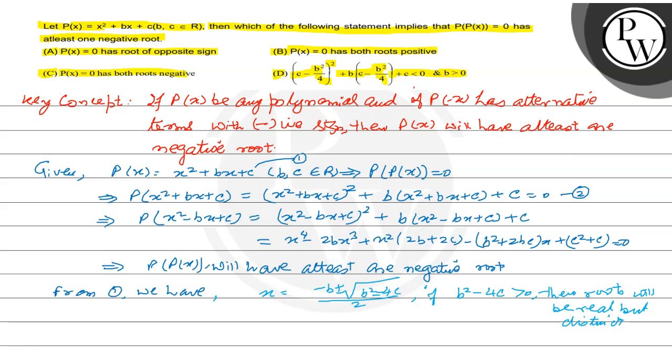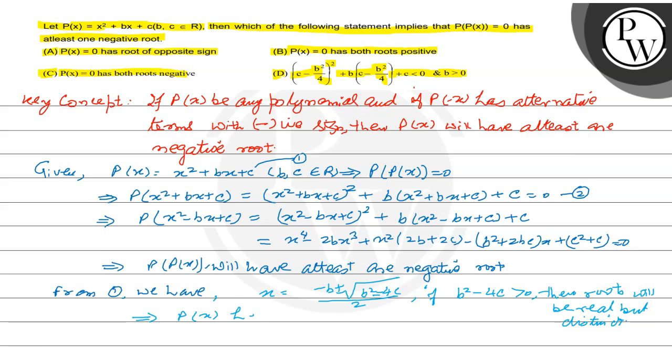Distinct does not mean that they will have the same sign. So here, when we change it, we are finding that both roots will not be of the same sign, because this will become plus and this will also be plus. Otherwise, if it is negative, then it will become complex roots.